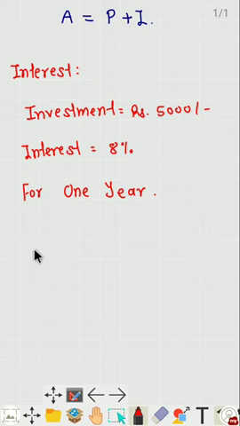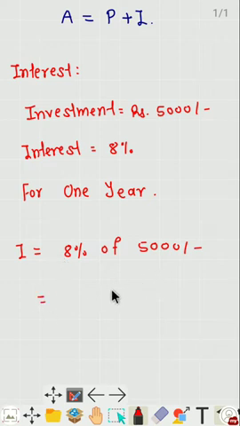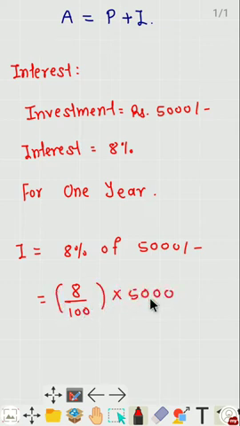Okay, so interest I given by the bank is 8% of 5,000 rupees, and the 8% of 5,000 is nothing but 8 divided by 100 into 5,000, and that interest, if we calculate, comes out to be 400 rupees.